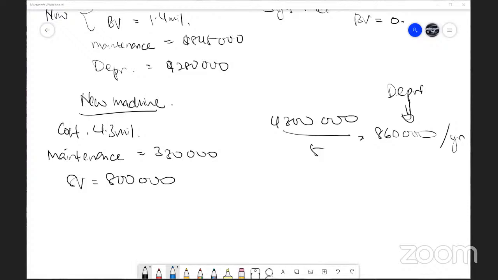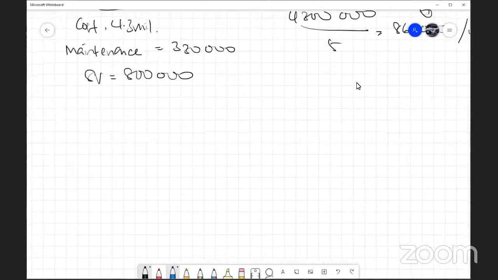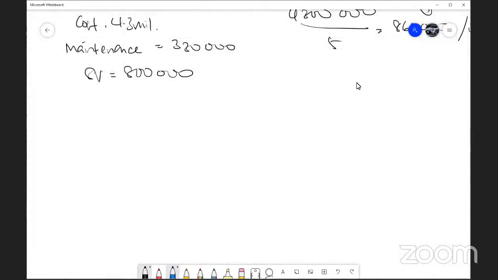All right, so let's look at the new machine first. What is the income statement for this new machine? What we did last week is we use the income statement.